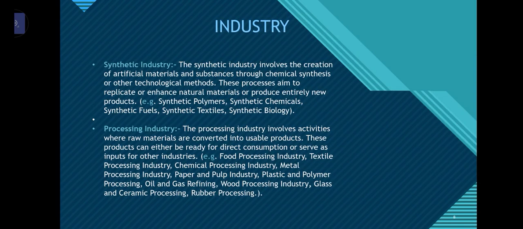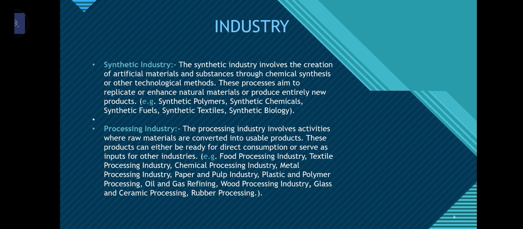The first one, synthetic industry, involves creation of artificial materials and substances through chemical synthesis or other technological methods. For example, synthetic polymers, synthetic chemicals, synthetic fuels, synthetic textiles, and synthetic biology.